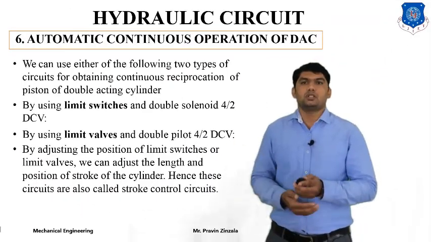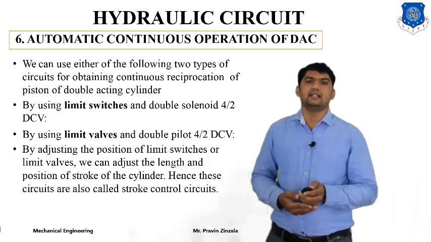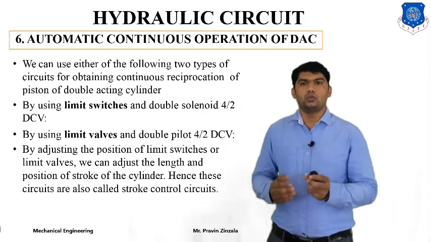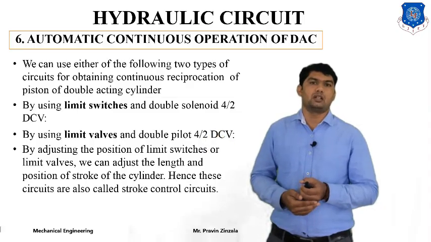Now we will discuss the automatic continuous operation of a double acting cylinder. DAC means double acting cylinder. How to do automatic continuous operation? First of all, what is the requirement of automatic operation?